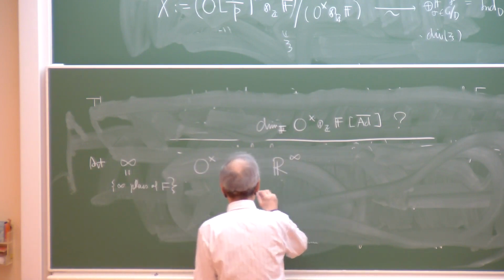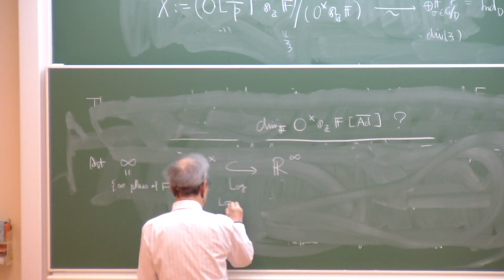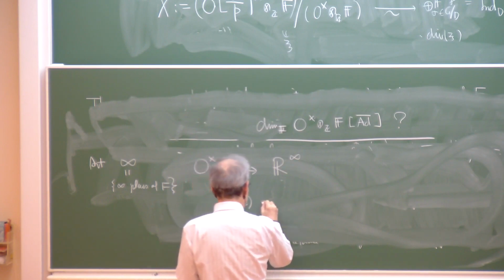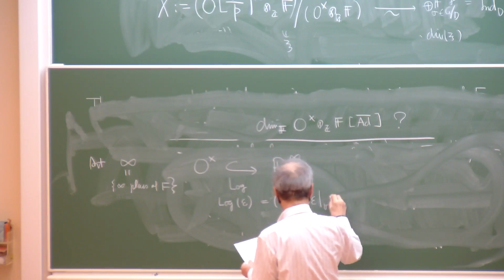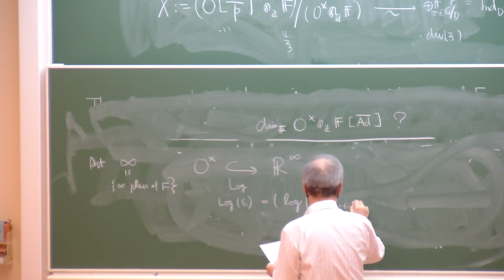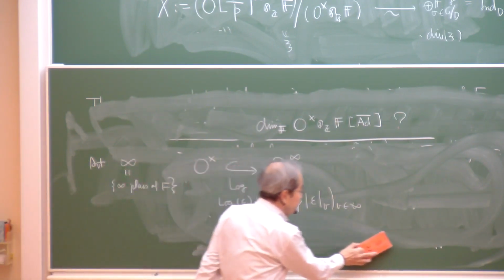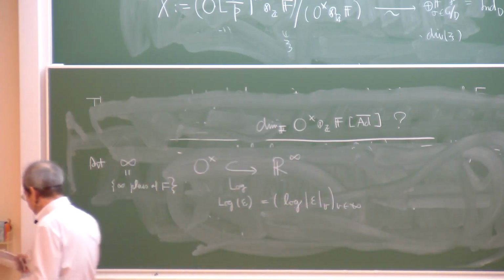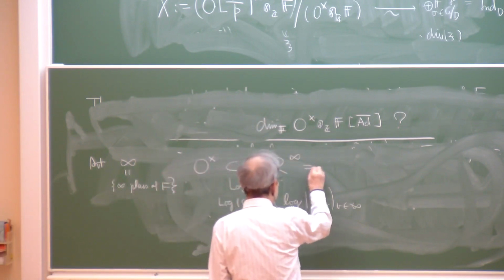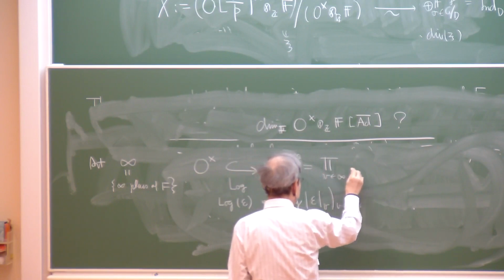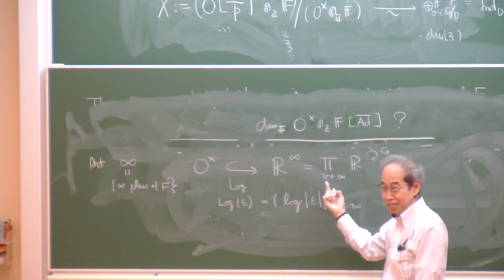Okay, so I have a logarithm map, log of epsilon is the usual Archimedean logarithm, absolute value of epsilon at Archimedean place V, V in infinity. So this is 2. Therefore, R infinity is just a product over all V in infinity of R. And the Galois action is just permuting this guy.